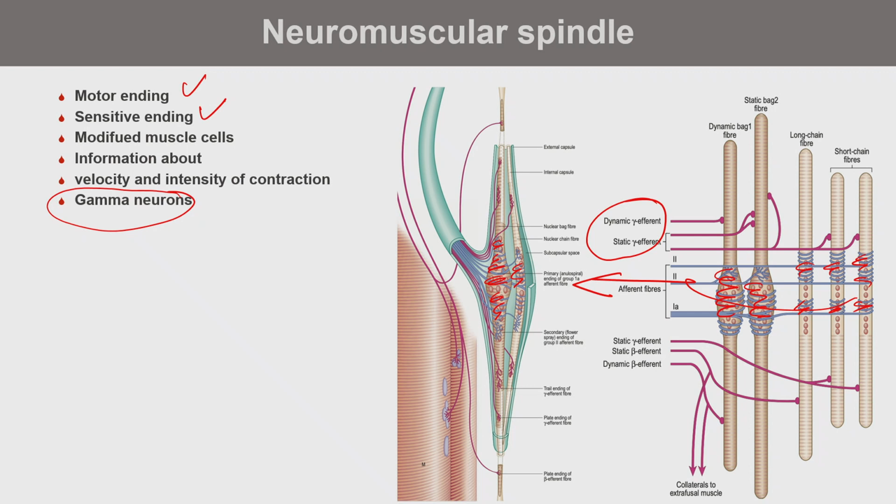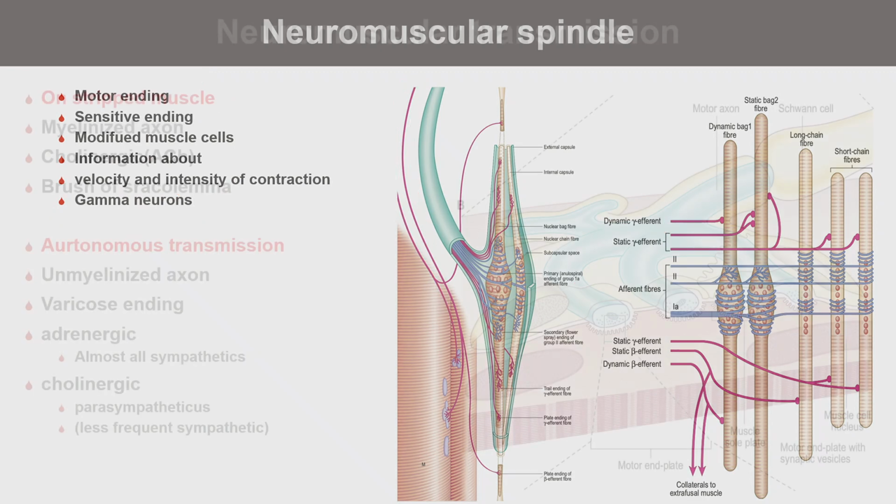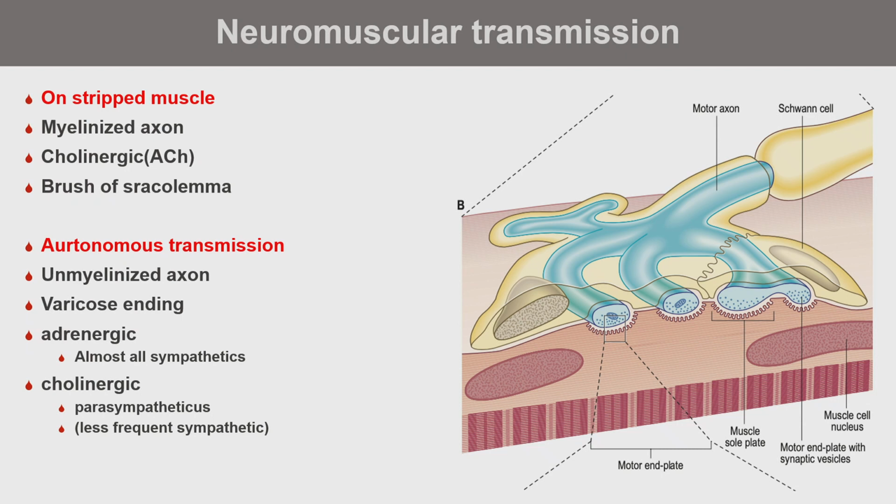So the system is a straight way of information about the inner tension and inner velocity of contraction of the muscle. The neurons are going the same way here. Then we also have the endings to the muscles. So it has a very similar stimulation for those spindles and for the real motion-executing muscles.